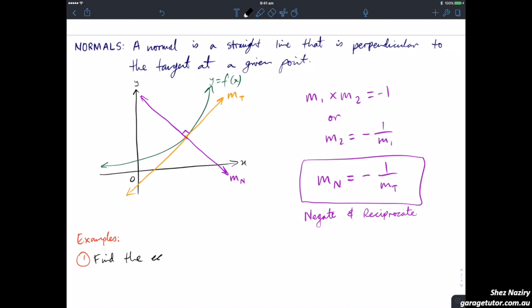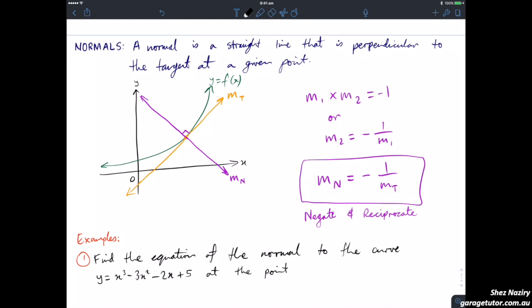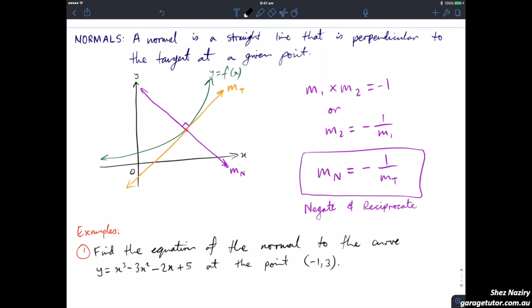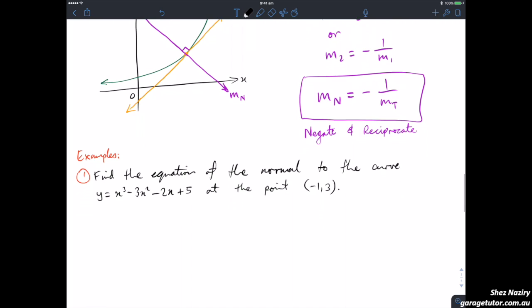Find the equation of the normal to the curve y equals 2x cubed minus 3x squared minus 2x plus 5 at the point negative 1, 3. Can someone just quickly do a calculator check to make sure my x value matches? Okay, so that's the point we've got.